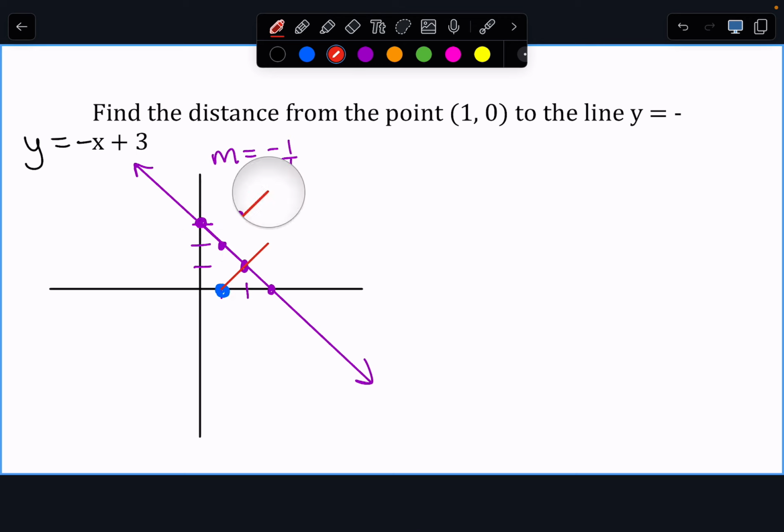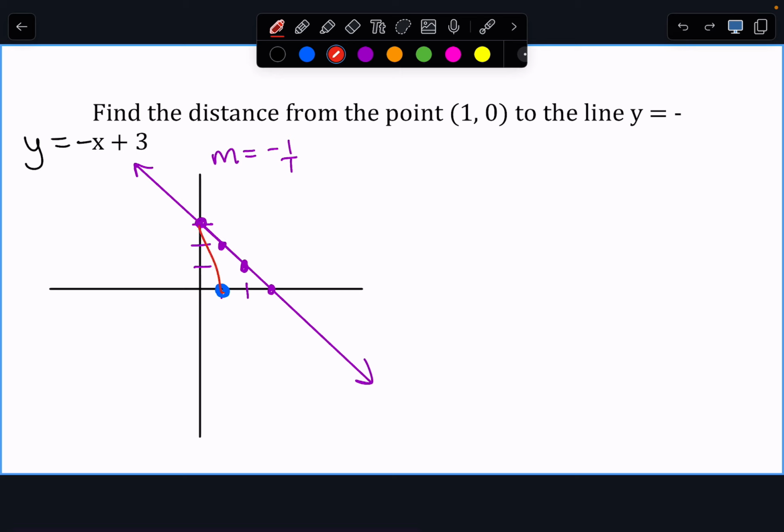Perpendicular. Right there. Why perpendicular? Because the straightest line is the closest. Perpendicular is the closest. Do you buy it?